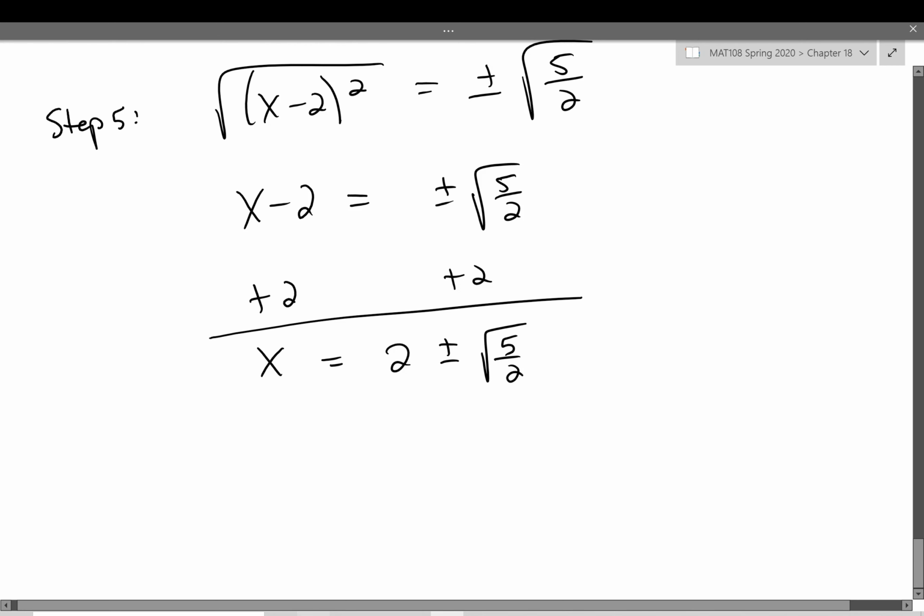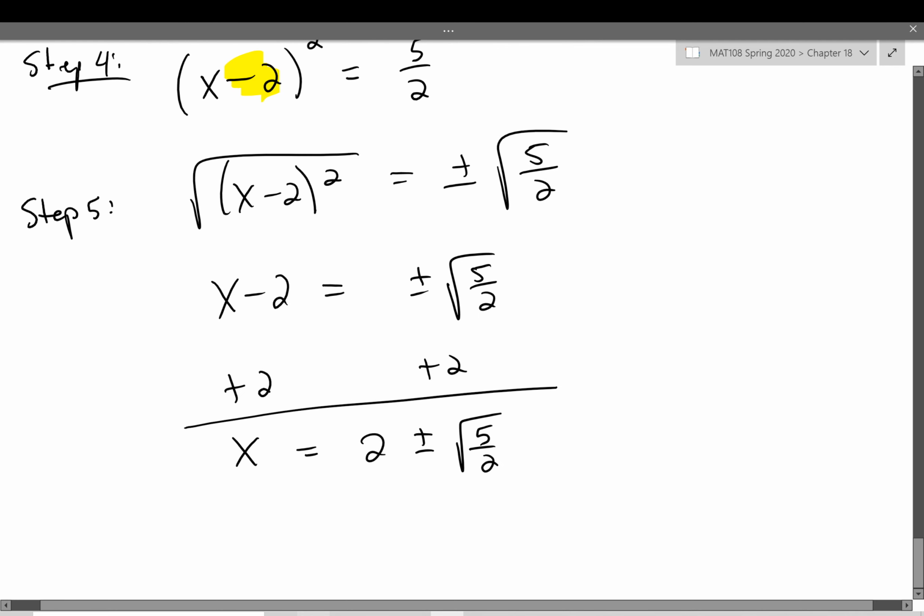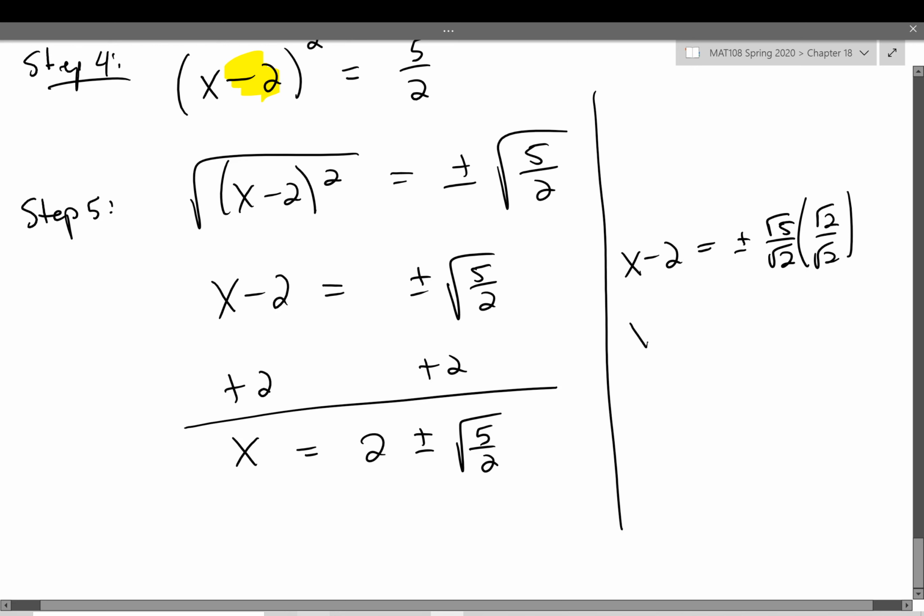You have to remember, we don't like radicals down in the denominator. So sometimes books will say, at this step right here, let's separate the radical symbols, and then we're going to rationalize the denominator because we don't like those square roots.